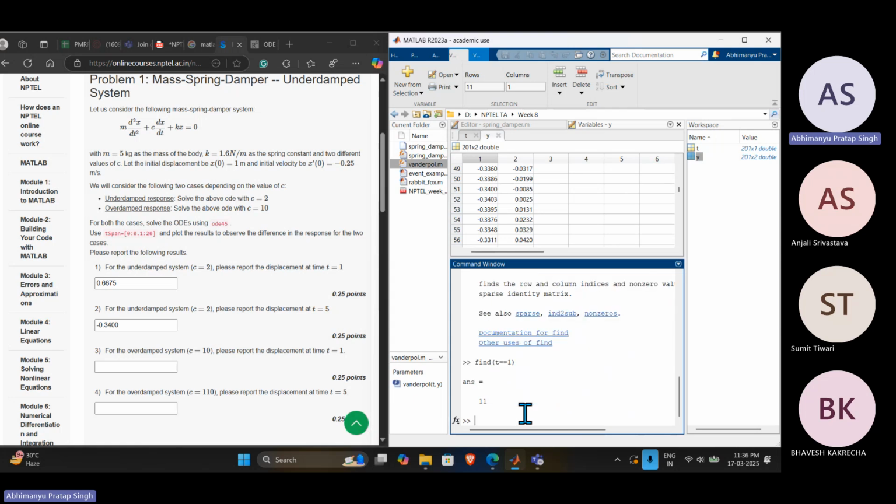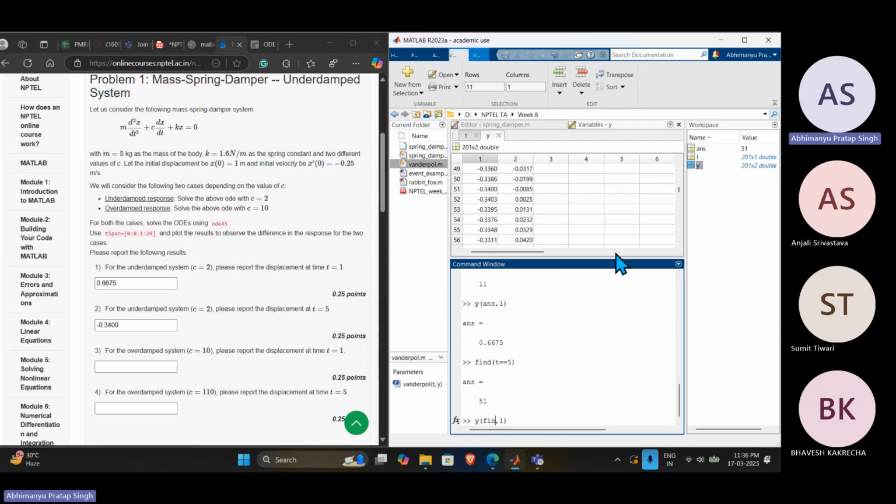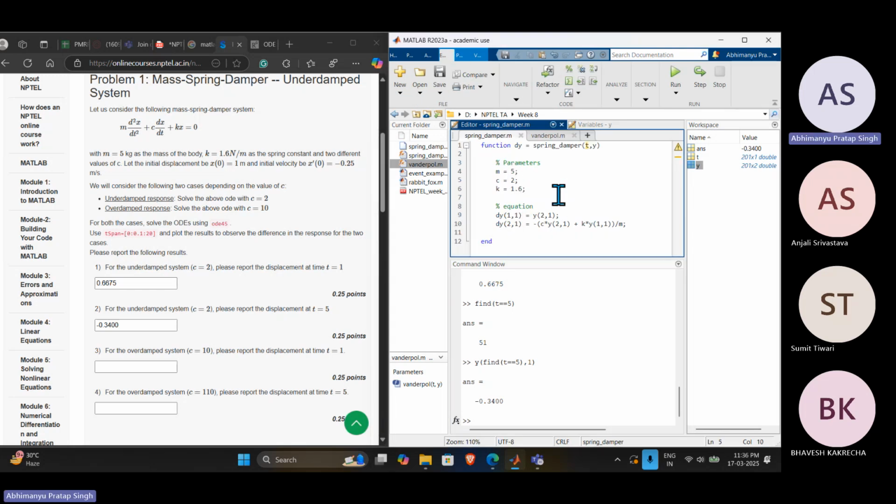So find t equal to 1 will give us 11. Then we can simply take the 11th variable of the first one, so that is 0.665. And similarly find t equal to 5, that would be 51, or we can just write it over here also. Find t equal to 5, 150, so minus 3.4. And now we can do it for c equal to 10. Rest everything remains the same. Save this.